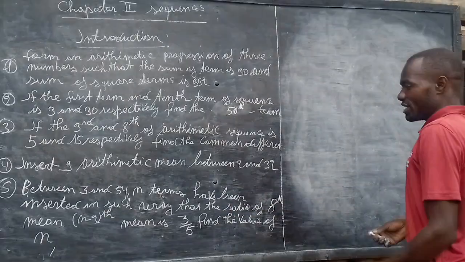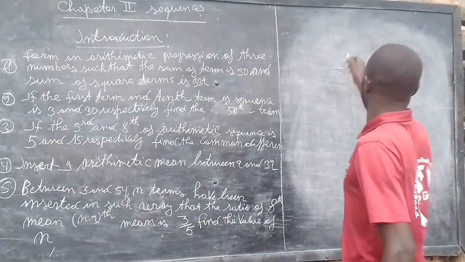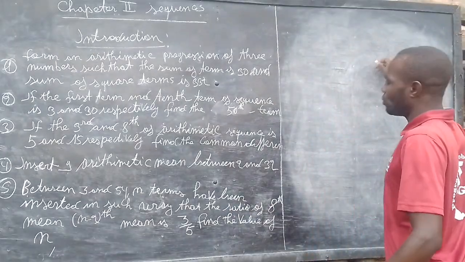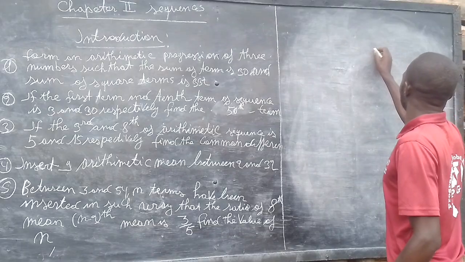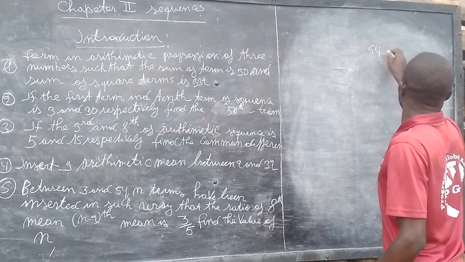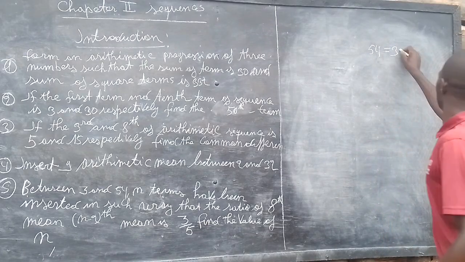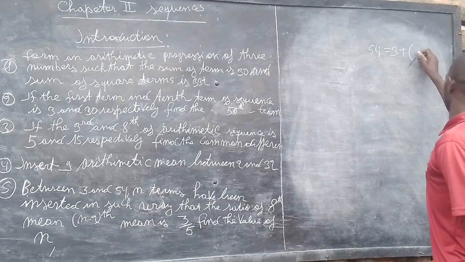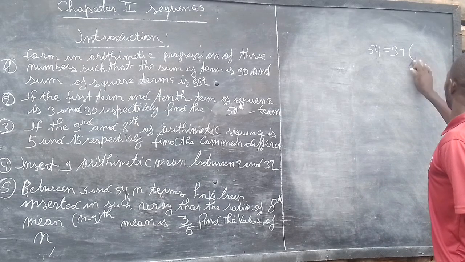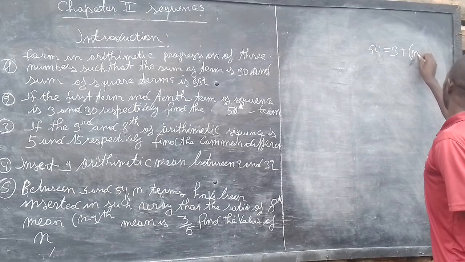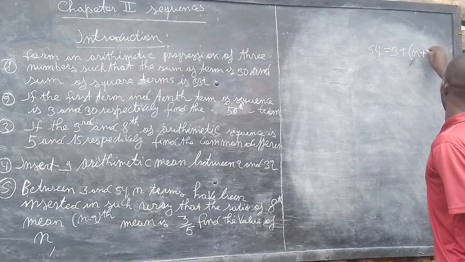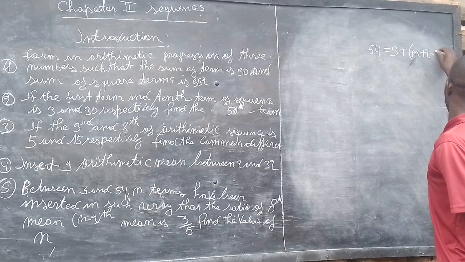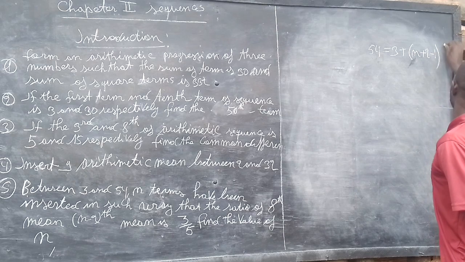So here, as you know, normally we have 54 equal to 3 plus (n plus 2 minus 1) times d.